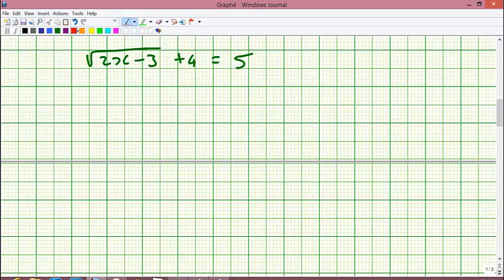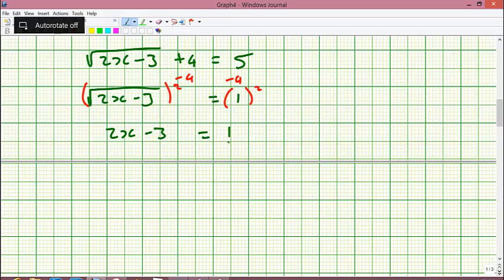We clean up the outside first, then square both sides. We can then solve normally.